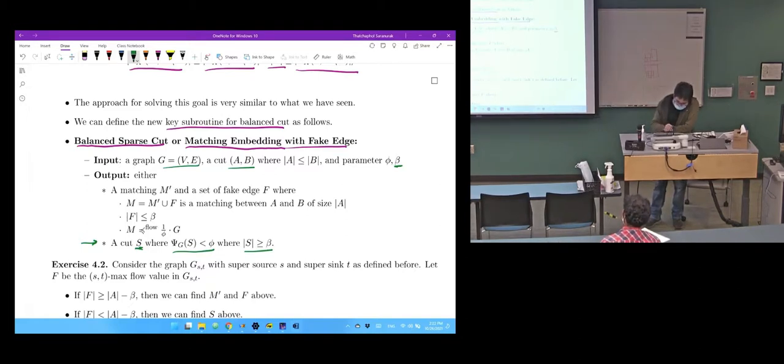The other case is you will get a matching M' together with fake edges F, such that M' union F is the matching that we want, just like before: the matching between A and B of size A. M' by itself might not have size A, but F has some fake edges, and the number of fake edges is at most beta. And you can embed M' into the graph.